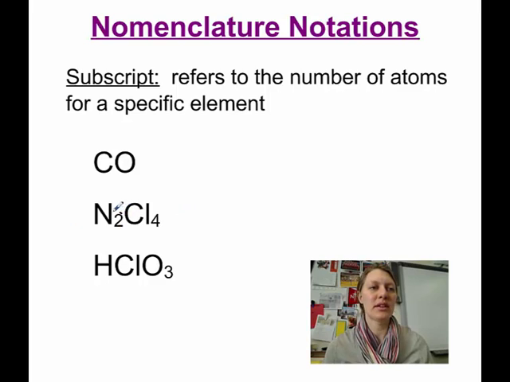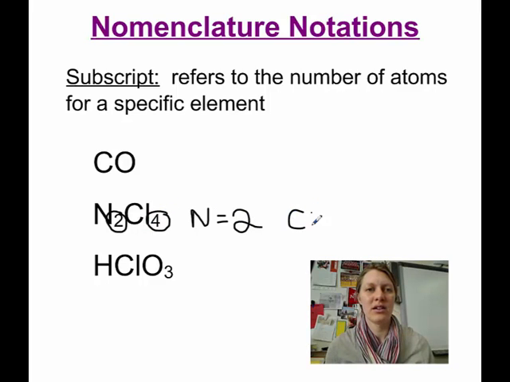For example, here we have a 2 following the N for nitrogen, so we have 2 nitrogen atoms. Just like here, this 4 subscript follows the Cl, so that tells us that we have 4 chlorine atoms. That 4 does not apply to the nitrogen. It only applies to the element that it directly follows.